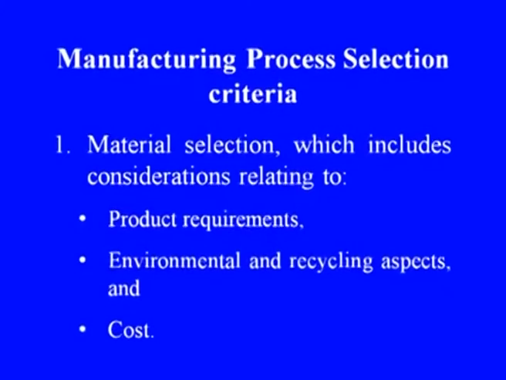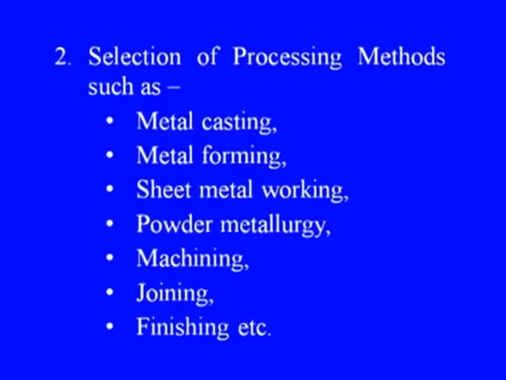This includes the considerations related to product requirements, environmental and recycling aspects, and cost. Number 2, selection of processing methods such as metal casting, metal forming, sheet metal working, powder metallurgy, machining, joining, finishing, etc.